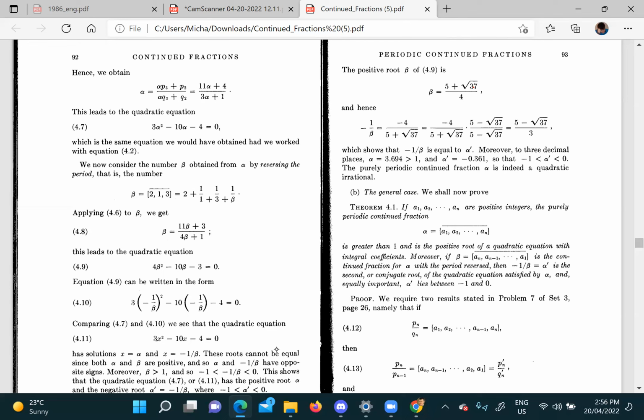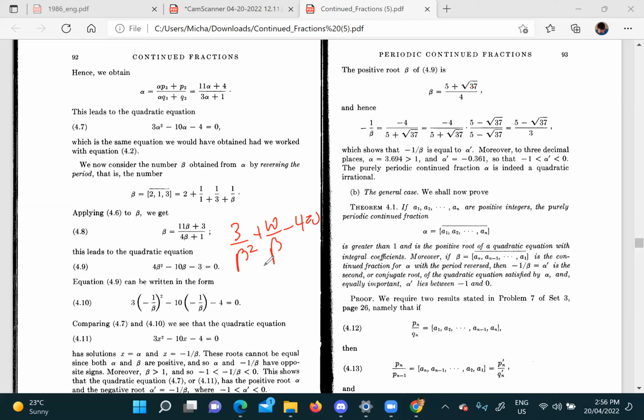Three squared. +3. Has solution. So I think you just have to check. -1. Yeah. So if you check, does it work? So if it's minus, right? Then you get 3 on beta squared, plus 10 on beta, minus 4 equals 0, yeah?